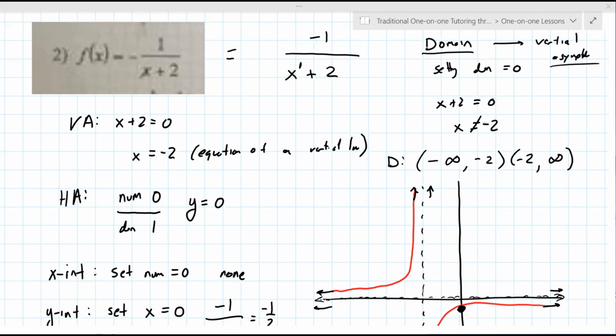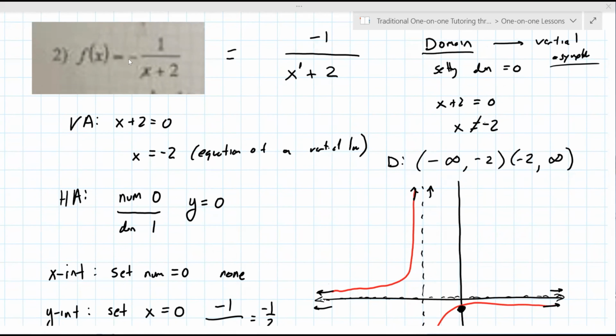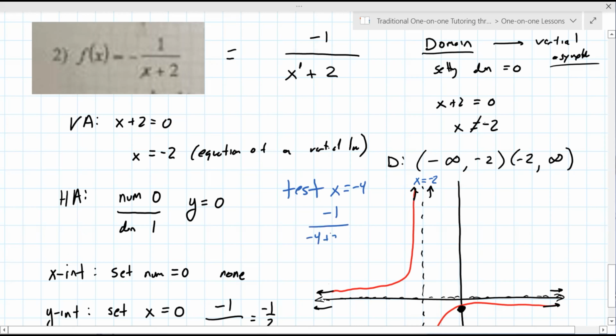So to test the point, you'd plug in, for example, 0 for x or like +2 for y. You've got to be careful. You've got to choose something left of x equals -2. So you might test x equals -4. So you would get -1 over -4 plus 2, which is -1 over -2, which is +1/2.